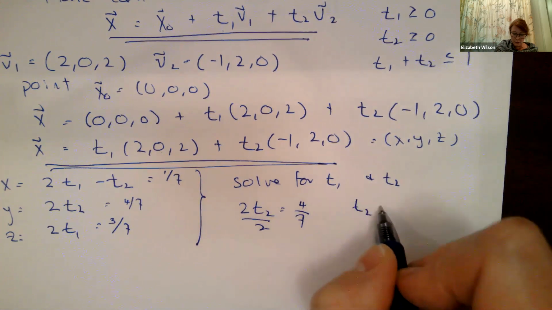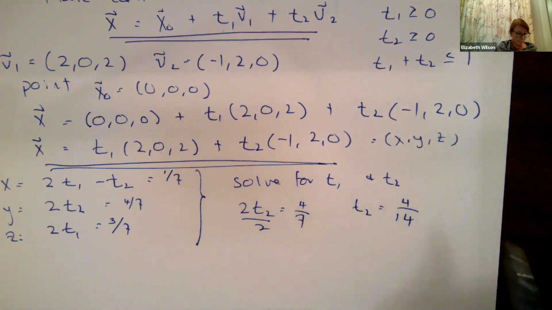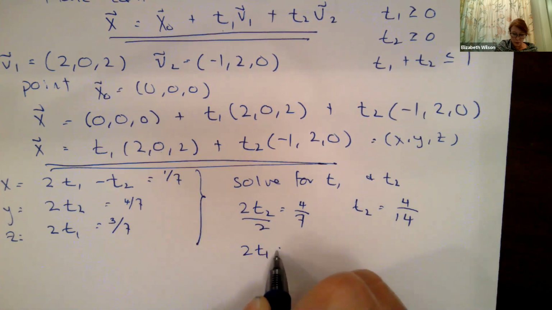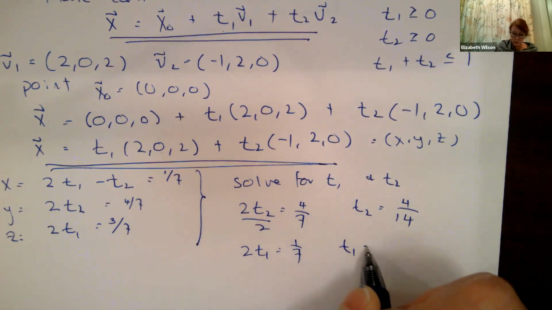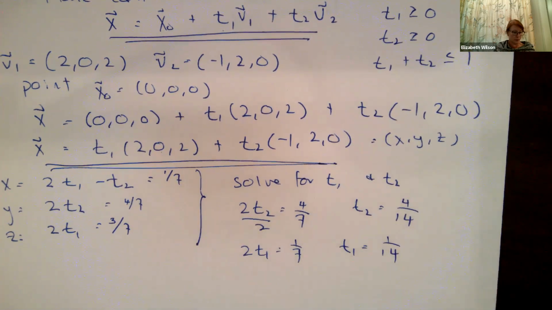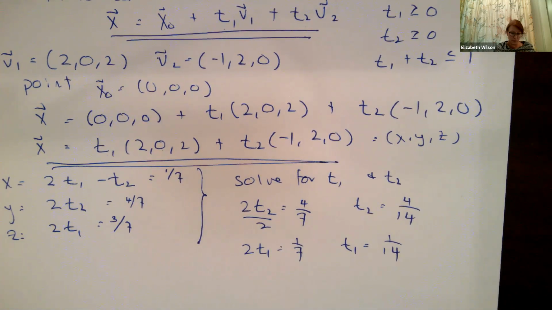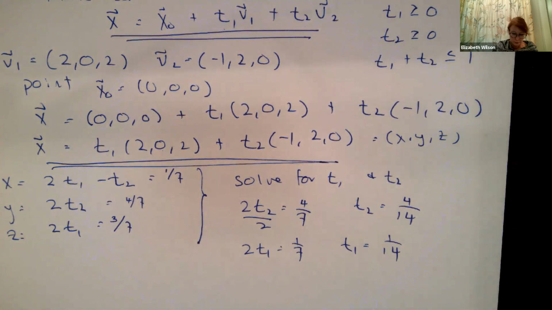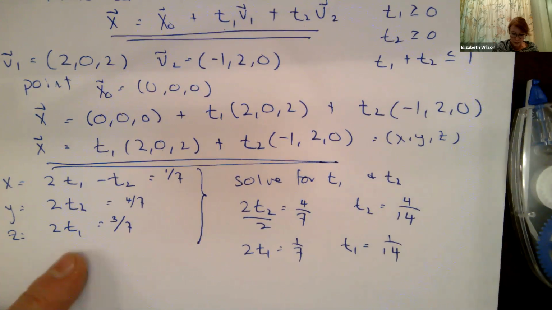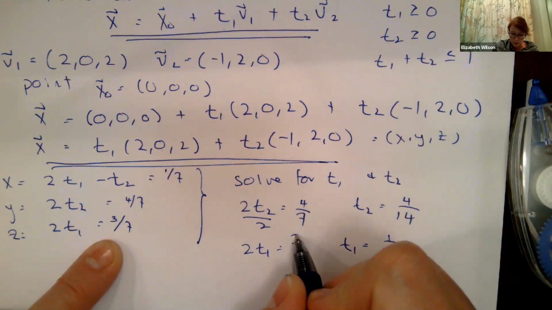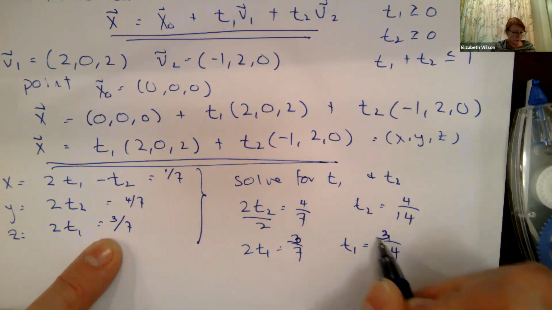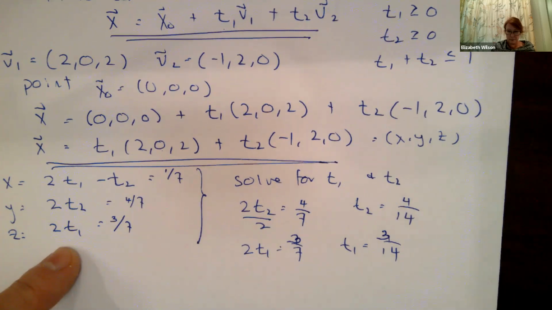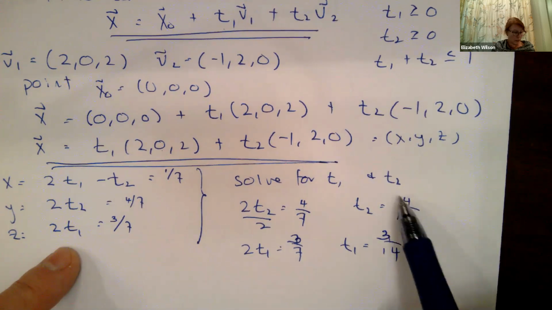I get t2 equals 4/14. T1 is the same, so 2t1 equals 1/7. T1 equals 1/14. Did I do something wrong? Oops. Sorry, folks. I made a mistake. It should be 3/7. I'm going to follow this equation here. 3/7, 3/14. I followed this one here.